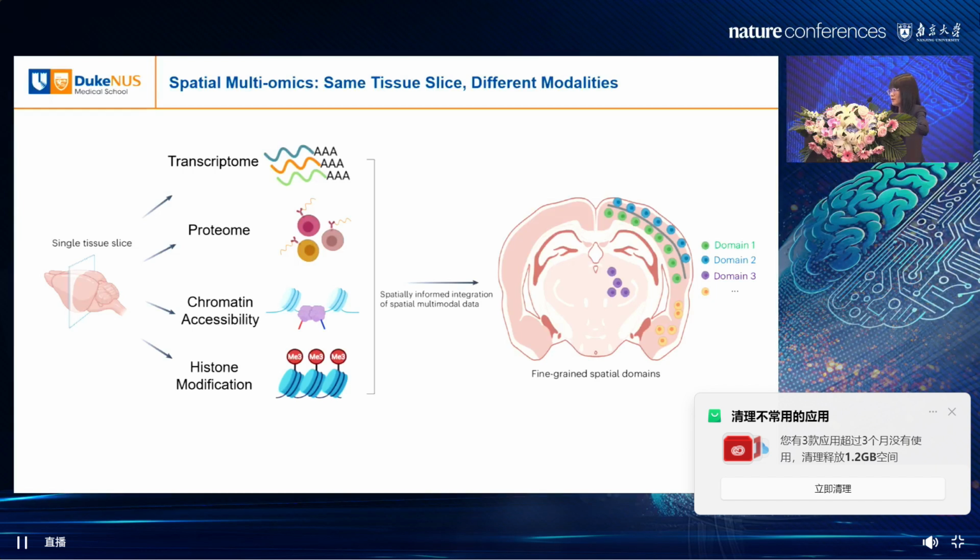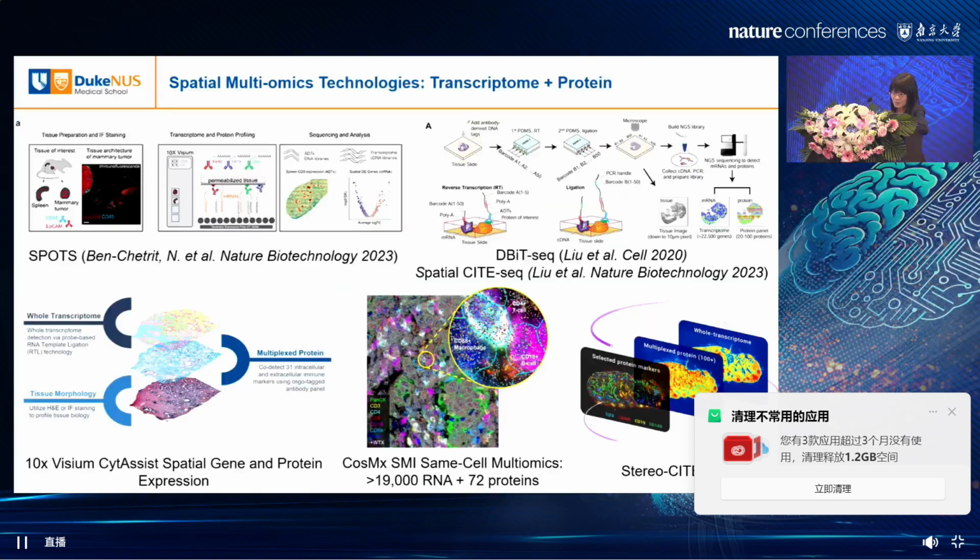We know that different omics layers have different and complementary information about the tissue's biology. So we hope to integrate this complementary information to have comprehensive characteristics of the tissue and a higher resolution representation of the tissue heterogeneity.